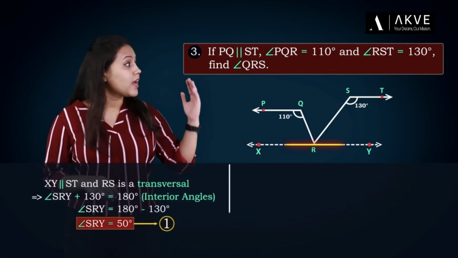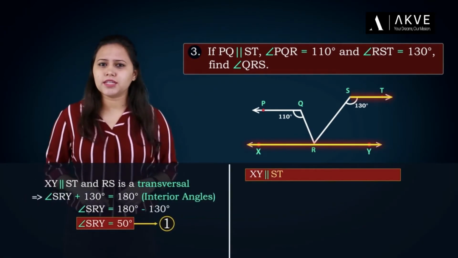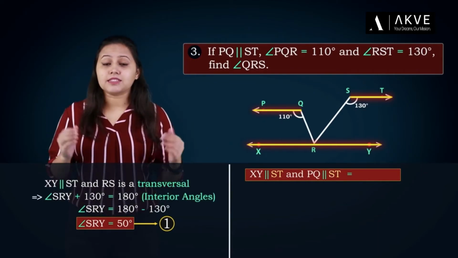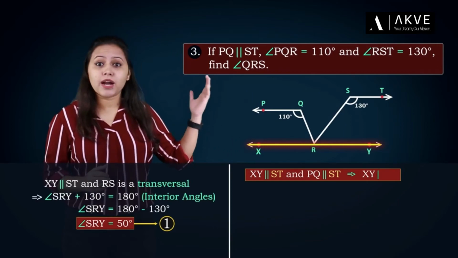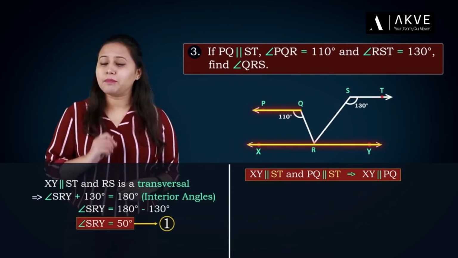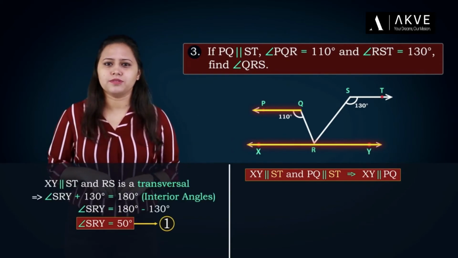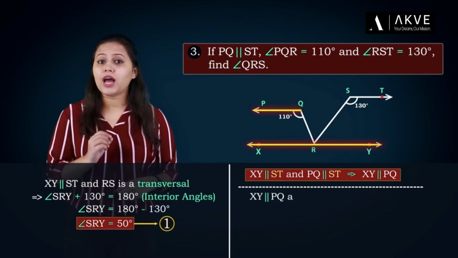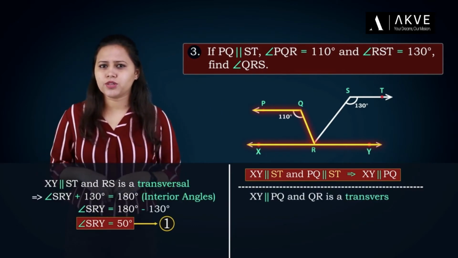We know that XY is parallel to ST and also PQ is parallel to ST. This implies XY is parallel to PQ because lines which are parallel to the same line are parallel to each other.